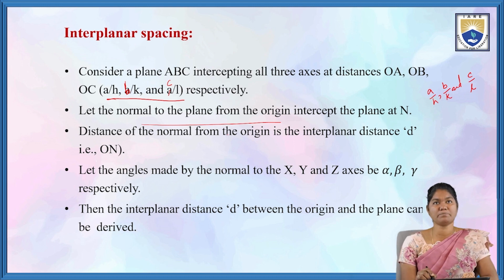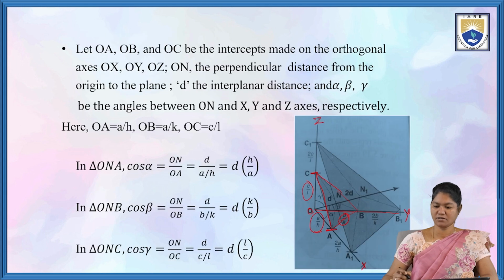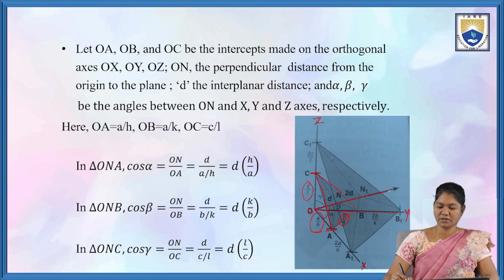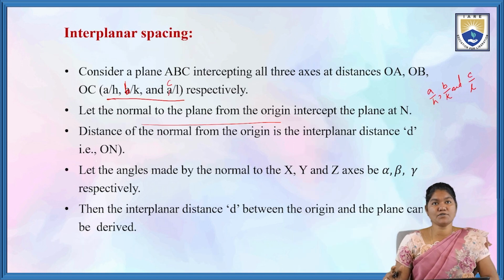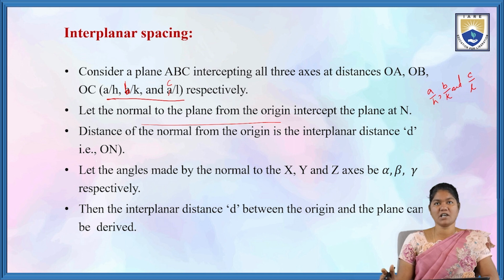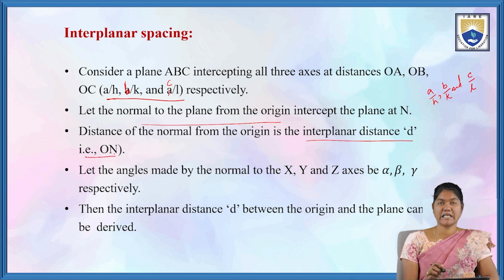Let the normal to the plane from the origin intercept the plane at N. This is the normal to the plane from the origin, intercepting the plane at N. The distance of the normal from the origin is the interplanar distance d.